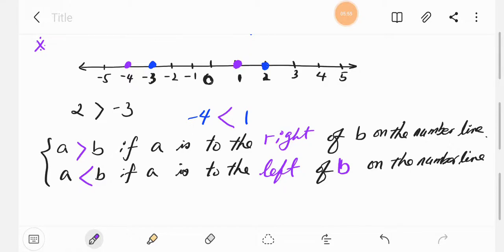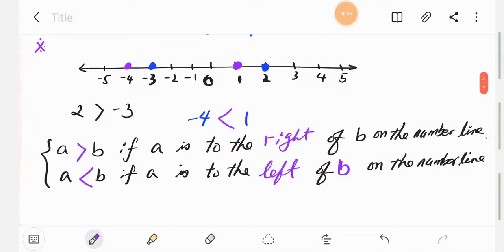Any number on the right is greater than the numbers on the left, and the numbers on the left are less than the numbers on the right. As positive integers increase, the numbers are increasing. As you go to the left, the numbers are decreasing, getting smaller and smaller. As you go to the right, the numbers are increasing.